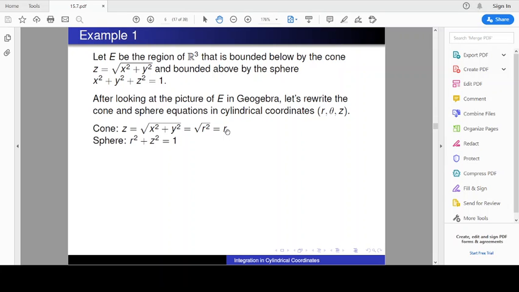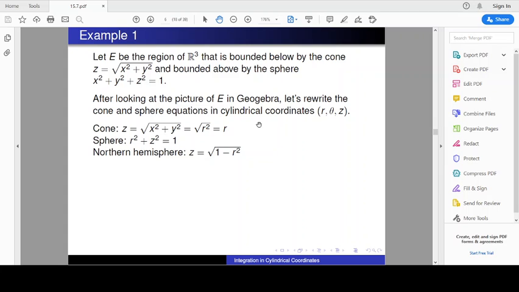The sphere x squared plus y squared plus z squared equals 1 condenses to just r squared plus z squared equals 1, for the same reason that the cone did. So let's solve for the upper hemisphere now: z equals the square root of 1 minus r squared. To find that circle of intersection between the cone and the northern hemisphere of the sphere, we'll set these two z's equal to each other.